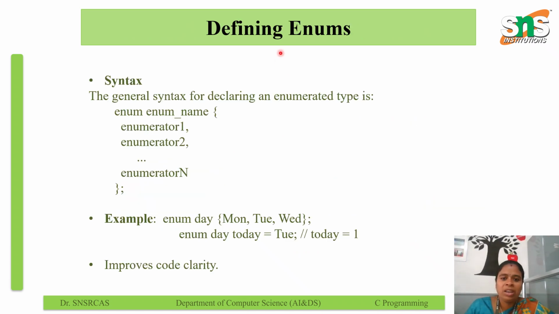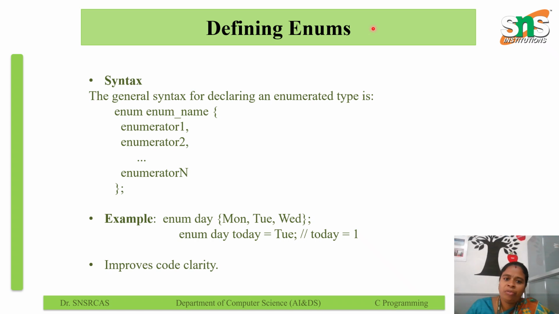Next one, defining enum. The general syntax for declaring enumerated types: enum is the keyword, then the enumeration name, and then enumerator 1 and 2, the list of values, ending with curly braces and a semicolon. For example, the name of the enumerated type is optional.